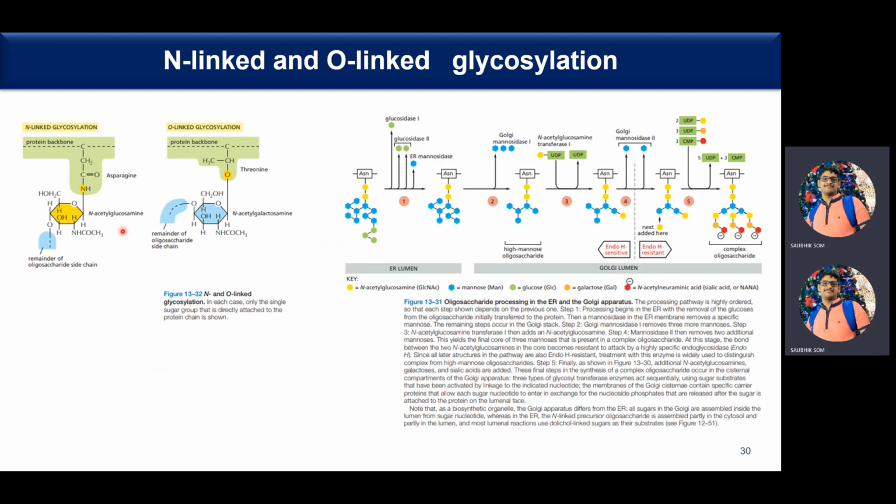There are two types of glycosylation. One is N-linked glycosylation, which uses the N group of asparagine to bind to different kinds of oligosaccharides, or we have O-linked glycosylation, where the OH group of serine or threonine is bound to the oligosaccharide group, correct?